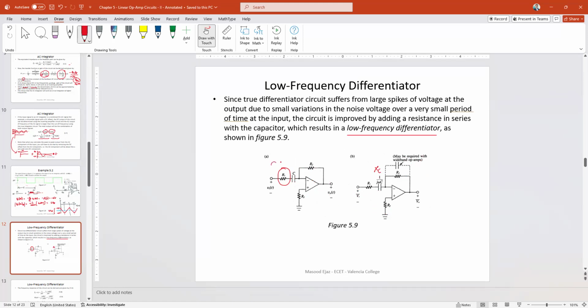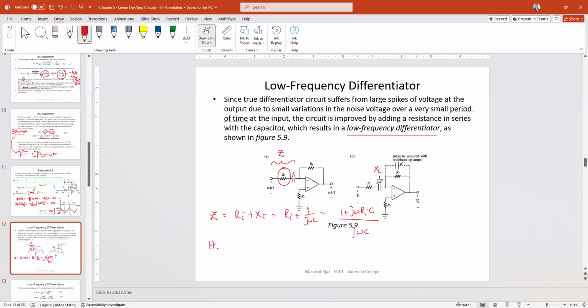So now we can calculate the series impedance of R input and C, which will be R input plus XC, which will be equal to R input plus 1 over j omega C, or 1 plus j omega R input C over j omega C. That's your impedance of the input resistance and capacitor.